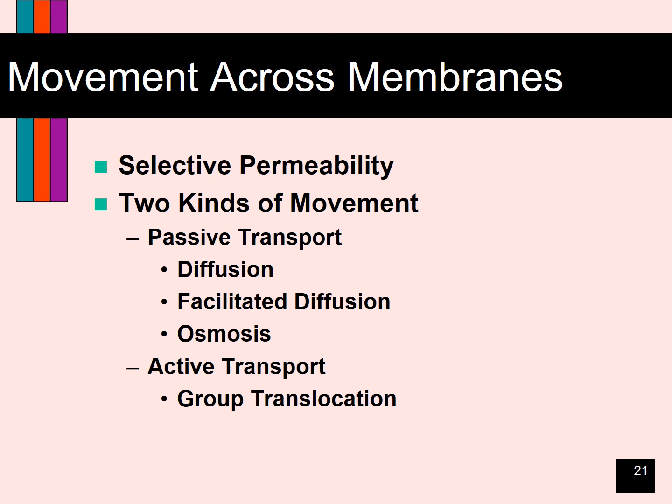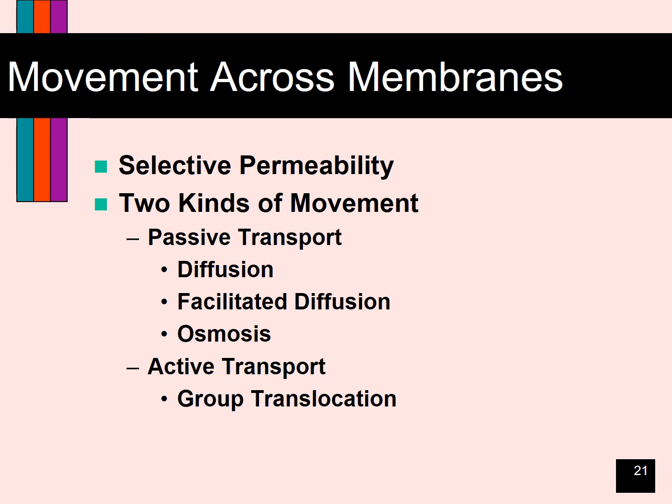Okay? Someone might even answer that question that water could move through the membrane easily. Okay, but that's not exactly true. Water is polar, okay? If you remember the polarity, right?